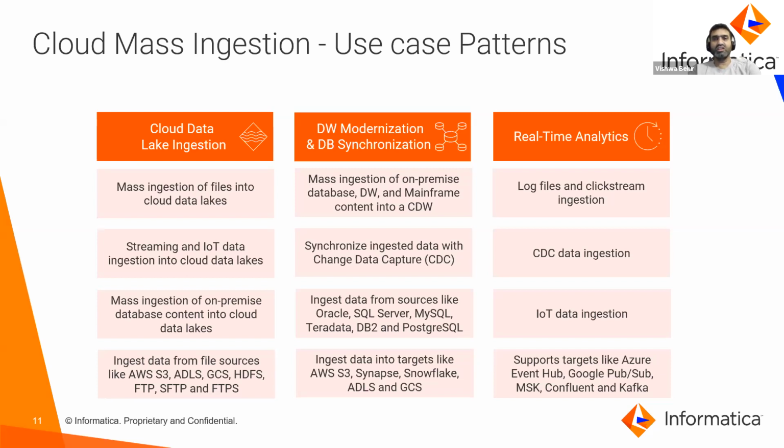Schema drift is a key ask from the customers, where the source schema changes and the system needs to be efficient to address that automatically without the customers having to stop and restart their flows, right? And it supports data sources like Oracle, SQL Server, MySQL, Teradata, DB2, and Postgres, and also targets like S3, Synapse, Snowflake, ADLS, and GCS.